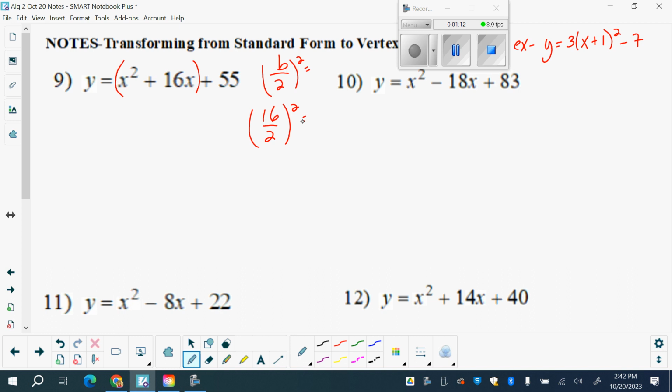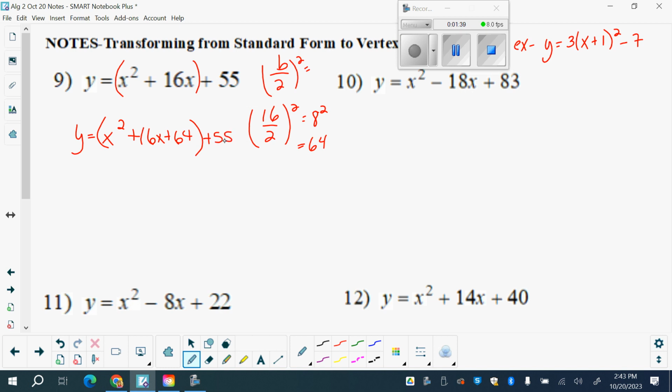What's 16 divided by 2 squared? 8 squared, which is 64. So we have y equals x squared plus 16x plus 64, and then we have a plus 55 here.